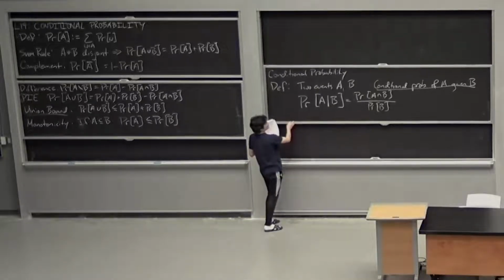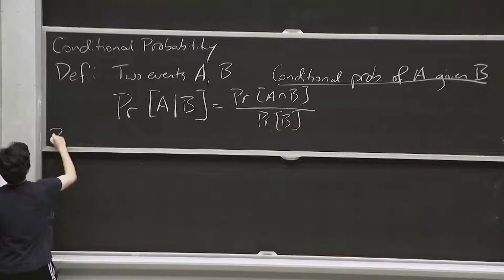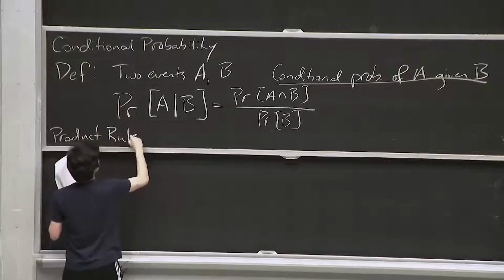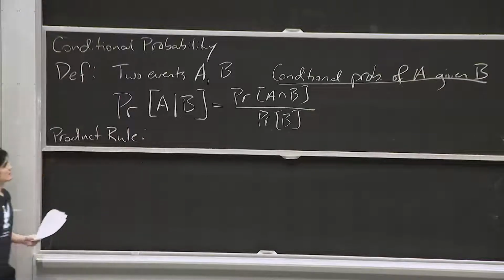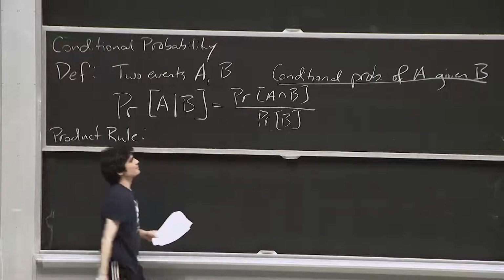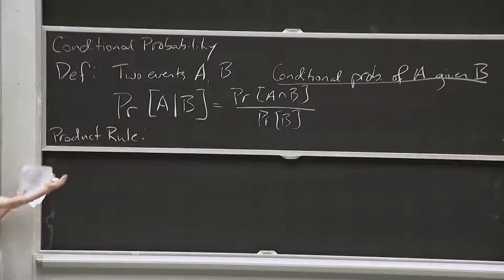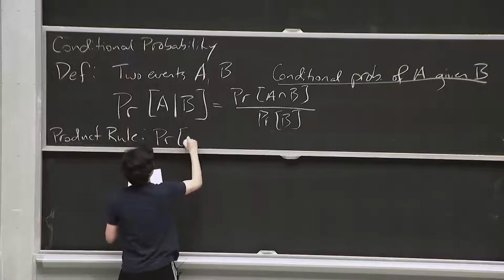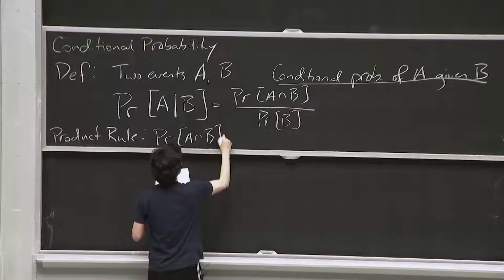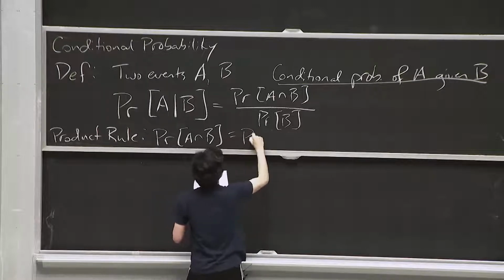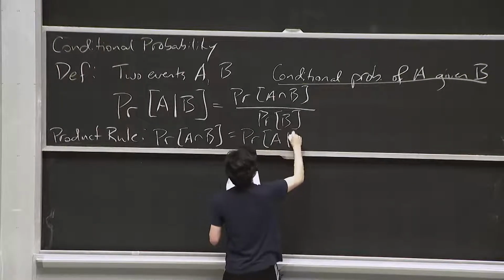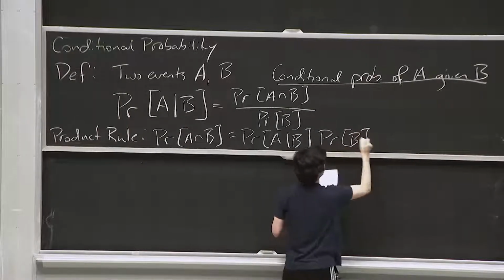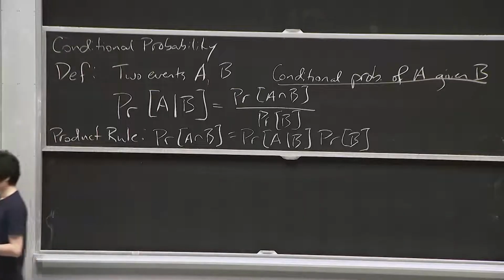Now, if we rewrite this, we can get a product rule. If we want to know the probability of A intersect B, we can move the probability of B over to the other side, and we end up with the probability of A intersect B equals the probability of A given B times the probability of B. Okay?